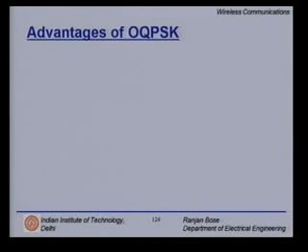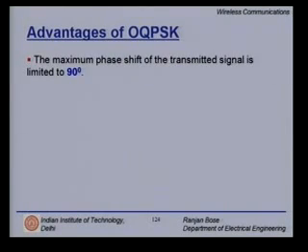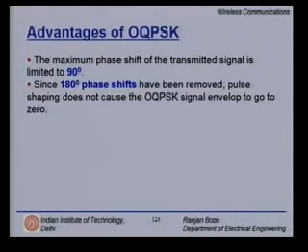Advantages of offset QPSK. The first and the foremost is the maximum phase shift of the transmitted signal is limited to 90 degrees. That was my biggest fear in QPSK. Possibly there were several 180-degree phase shifts.